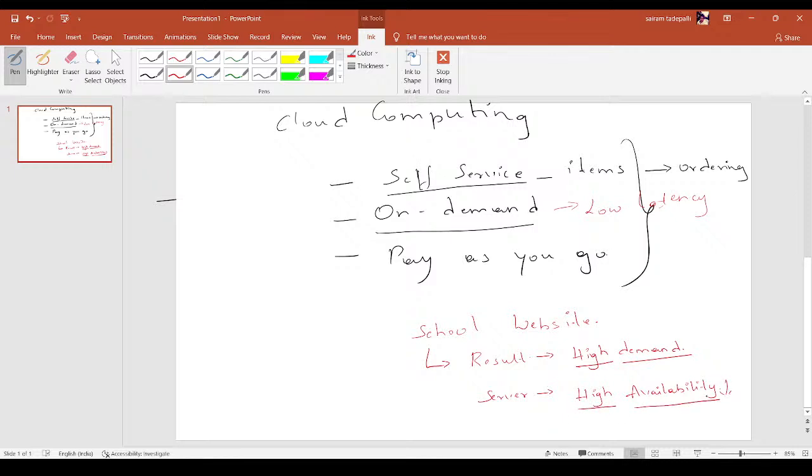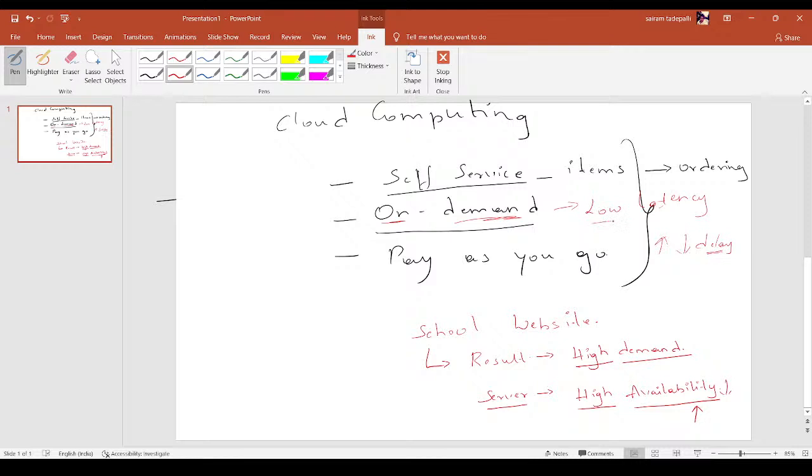It should always be up. Whenever a student logs in to know his or her results, it should not go down or show any delay. So on demand, we need the concept of high availability. If high availability is achieved, the latency will be low. Latency means the delay.